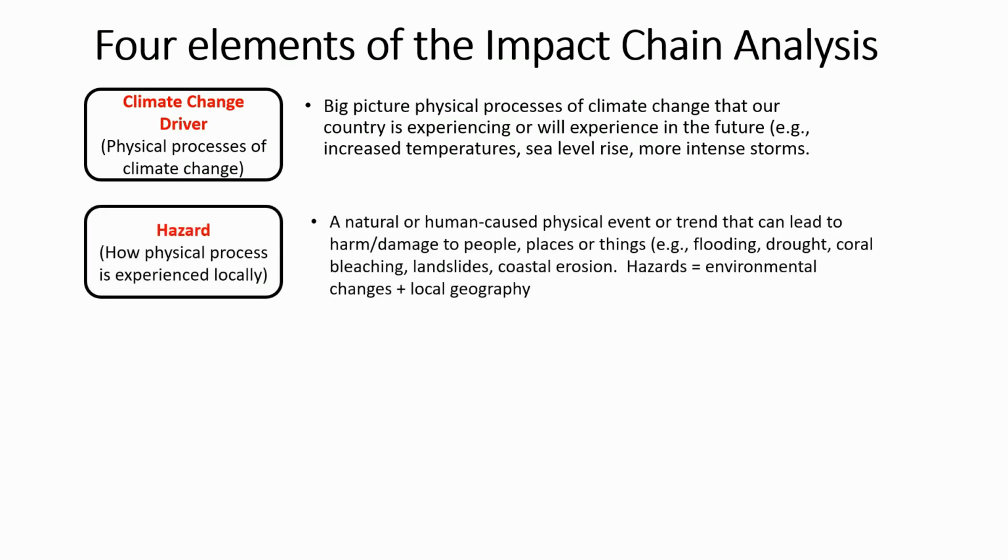And this is how a physical process is experienced locally. So a definition that the IPCC, the Intergovernmental Panel on Climate Change, uses sometimes is this. It's a natural or human-caused physical event or trend that can lead to harm or damage to people, places, or things. So this includes things like flooding, drought, coral bleaching, landslides, or coastal erosion.